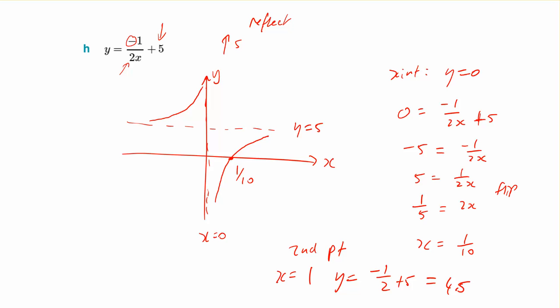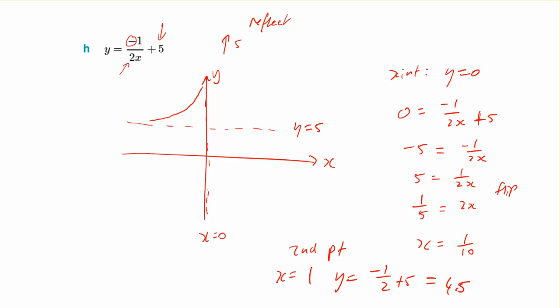Yeah, positive 4.5. So now there's a problem with the way I've drawn the graph because in terms of the scale, I've said this is 1/10. So I might want to rub this out and draw it closer to the axis. So when I draw my second point, it's proportional.